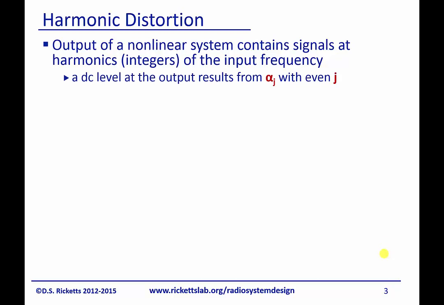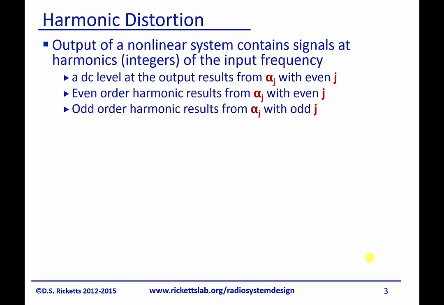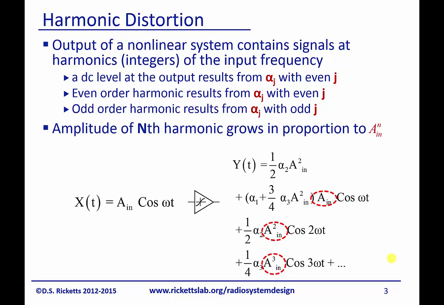A DC level at the output results when one of the Taylor series coefficients has an even J. Even order harmonics happen also when we have an even J, and odd order harmonics happen when we have an odd J. So that means alpha 1, 3, 5 will give us odd harmonics, and the even harmonics will happen from 2, 4, 6. The amplitude of the nth harmonic grows in proportion to the input voltage to the nth power.